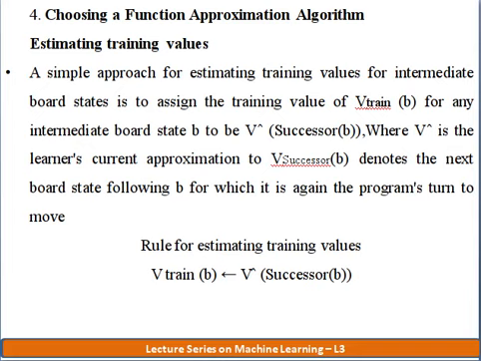That is, we require training examples that assign specific scores to specific board states. While it is easy to assign a value to a board state that corresponds to the end of the game, it is less obvious how to assign training values to the more numerous intermediate board states that occur before the game's end.